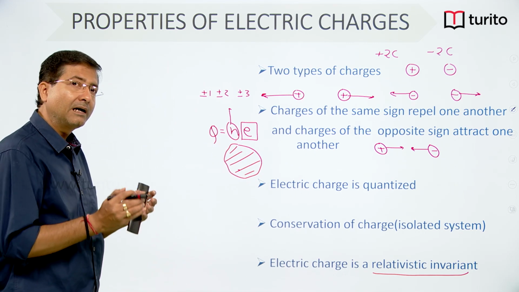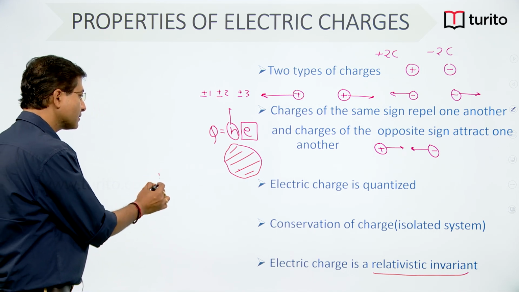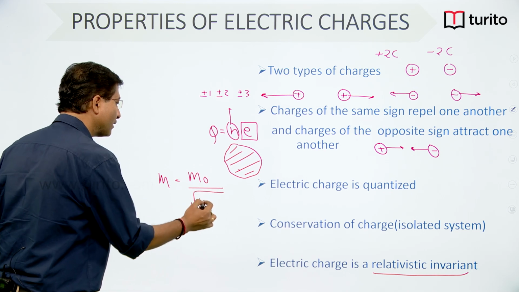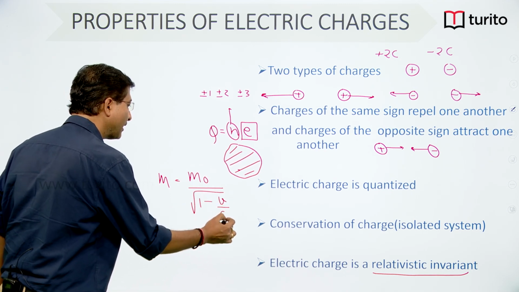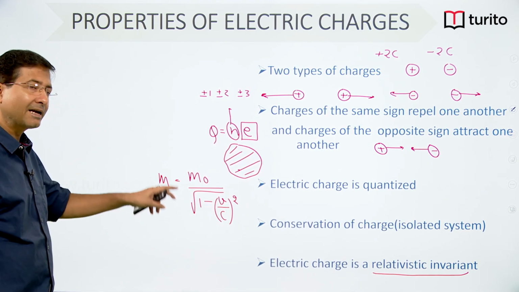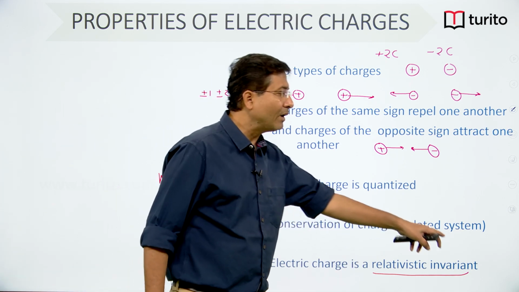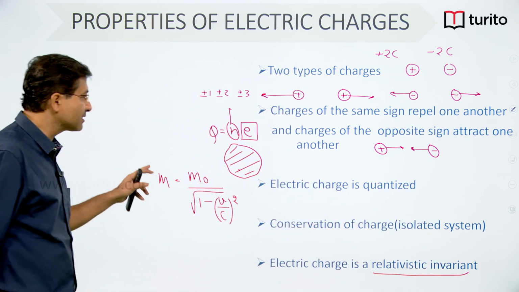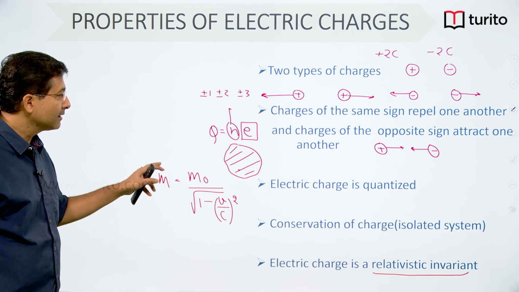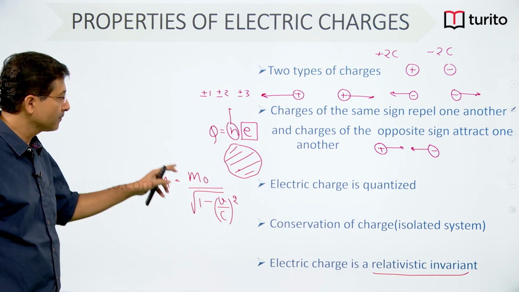So from special relativity, we know that mass is given by m naught divided by under root 1 minus v by c whole square. So mass and energy are relativistic variants. Similarly, energy I can write in terms of the Lorentz factor, right.